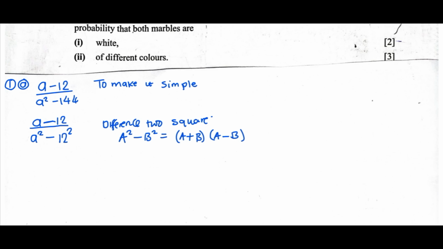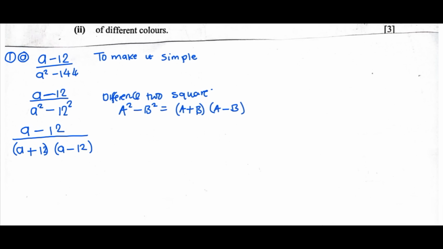So let's now factorize the denominator. We'll do the same. We'll first begin by opening two pairs of brackets. Then we'll put our a here, the other one here. We'll put plus, minus, then 12, also 12 here.